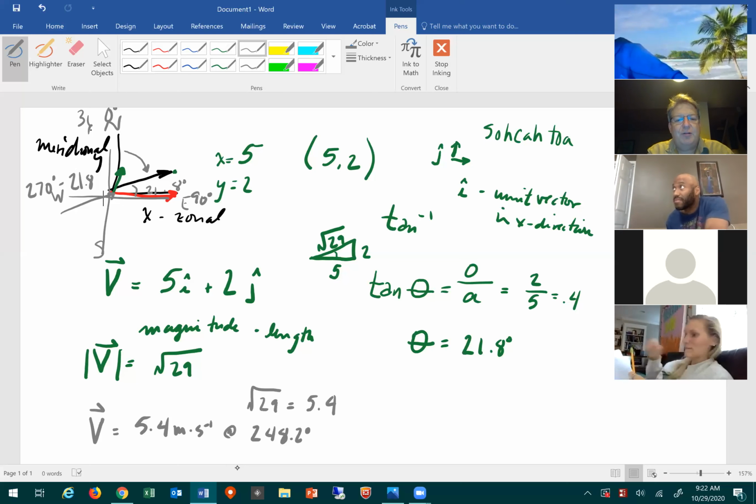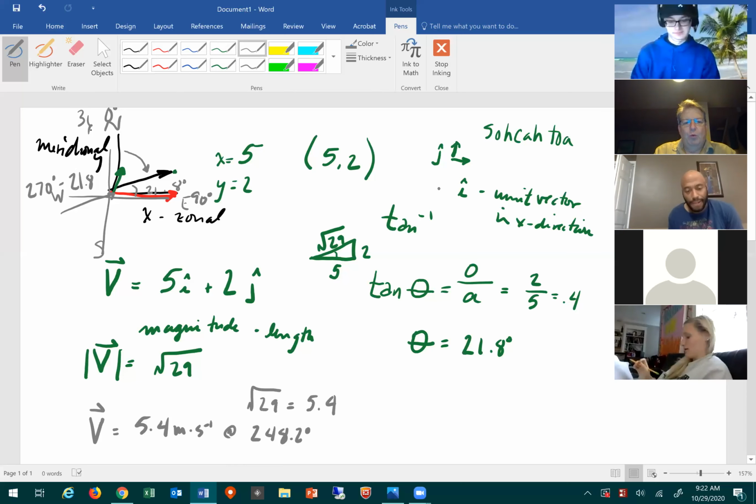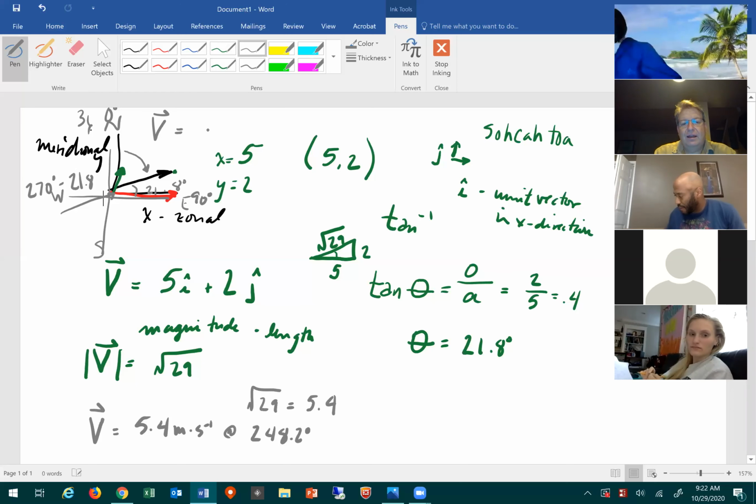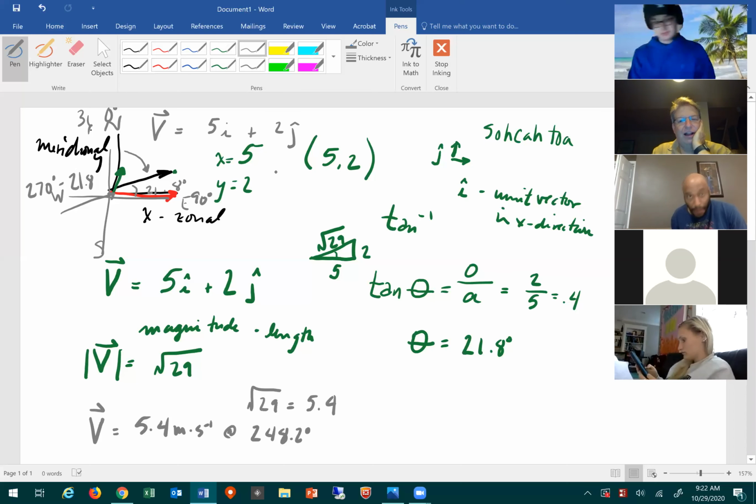Okay, so does everybody understand how we got the wind direction? Yeah, I get the number now. But what if I said this is a vector of the wind? Do you agree that it would be 5i plus 2j? But now, in meteorology, what is this wind?